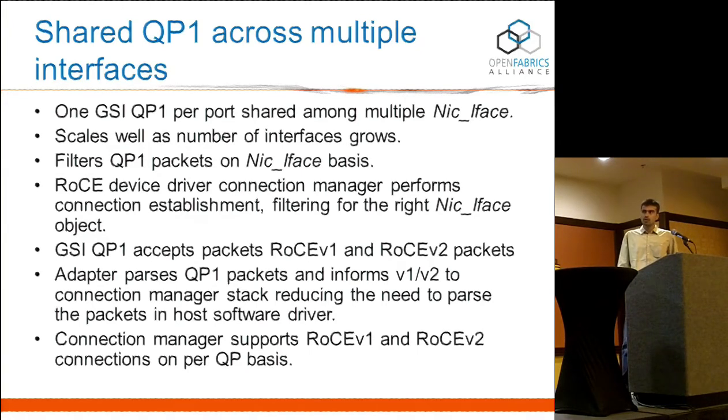Those are some of the fields that come through a CQE. In order to support connection management at a much faster rate, some of the commands that we do traditionally in RDMA to move from reset to init to RTR to RTS could be accelerated. One of the features that we support is transitioning the Q pair right from the create state to the RTS state.